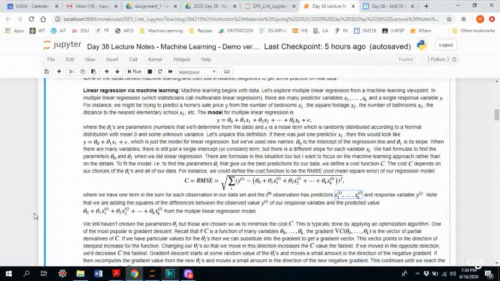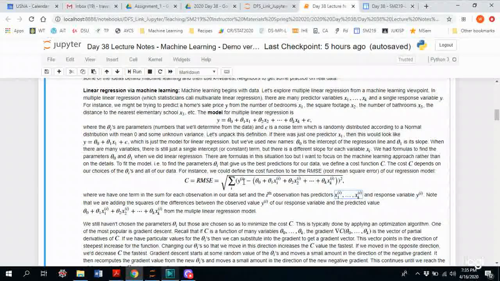So c is the root mean squared error, and this is the square root of the sum of the squares of the differences between our observed values and the predicted values for our response variable. In this formula, you can see y and then the superscript i. Here i is not a power of y.